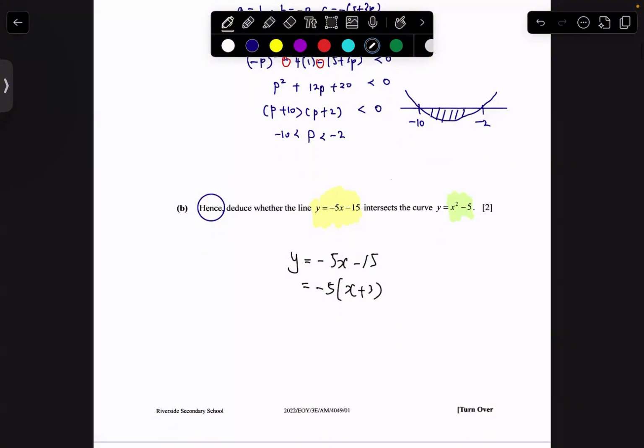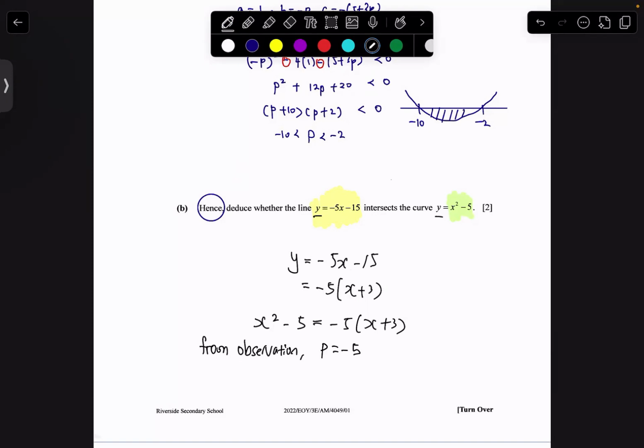Since this is y and this is y, let's equate both of them. So x squared minus 5 equals negative 5x plus 3. How to present our answer over here? I can say that from observation, p equals negative 5.